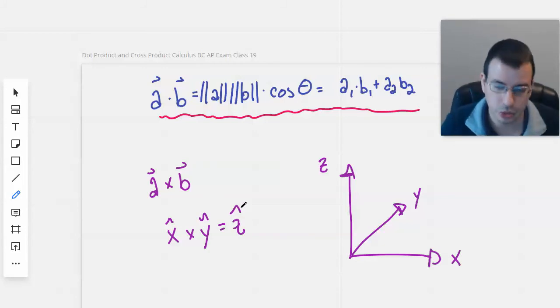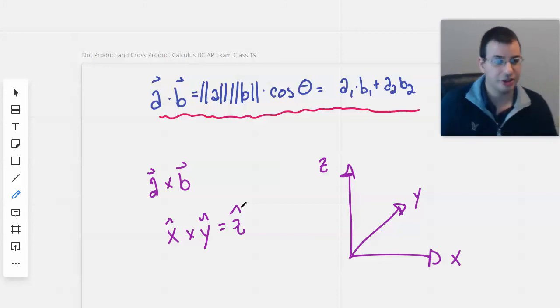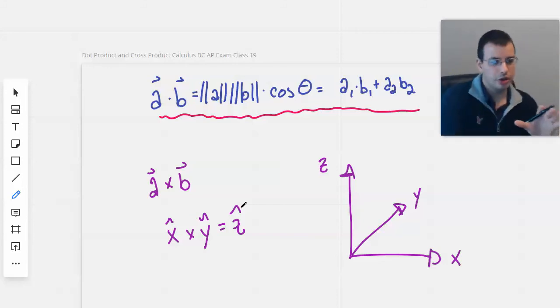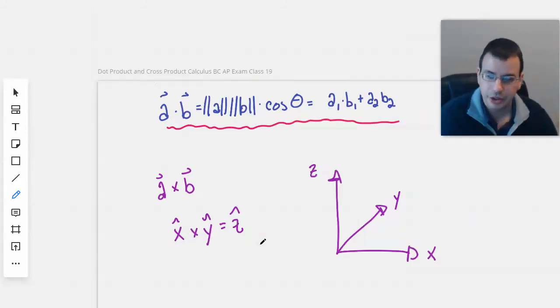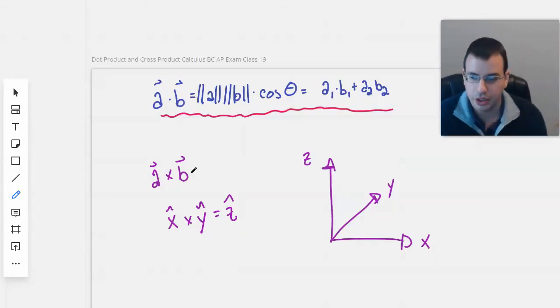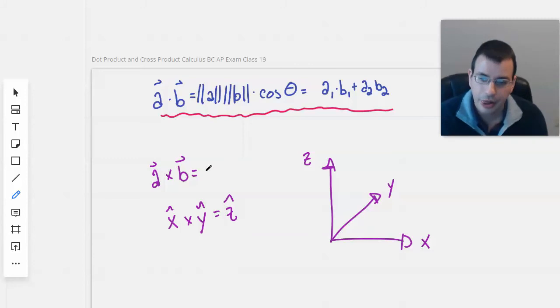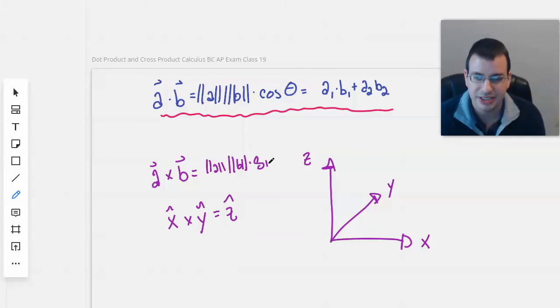And there are lots of different right-hand rules to find the direction, because there are two parts to a cross product. There's direction and magnitude. So the magnitude is going to be given, let me do this real quick, by the magnitude of A times the magnitude of B times the sine of theta.